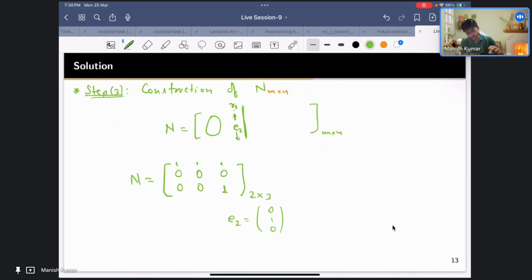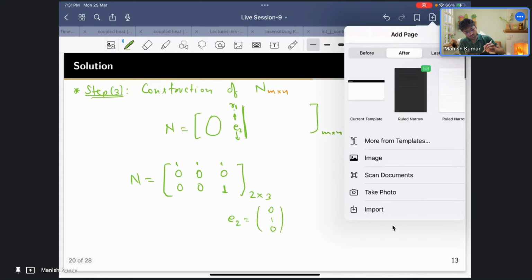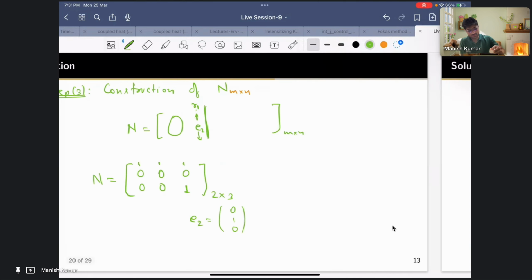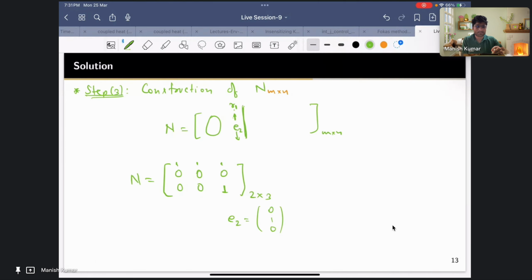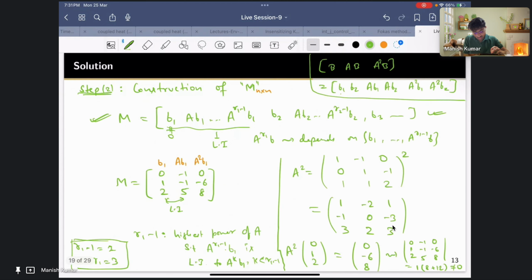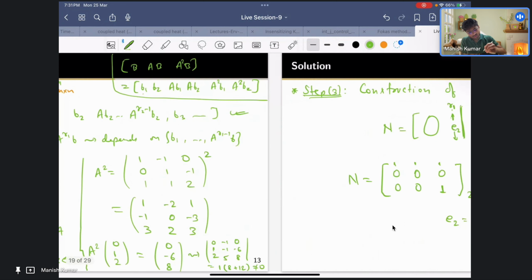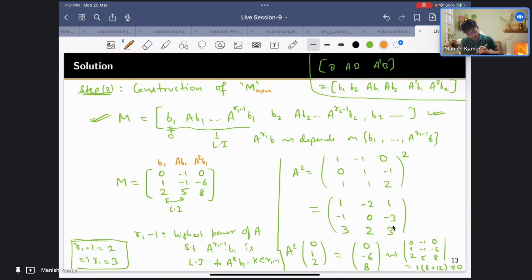Okay, now the final step would be the case where B1 and AB1 are linearly dependent. Suppose B1 and AB1 are linearly dependent. In that case, see, suppose this kind of configuration: B1, and then you put B2 and then AB2, right?